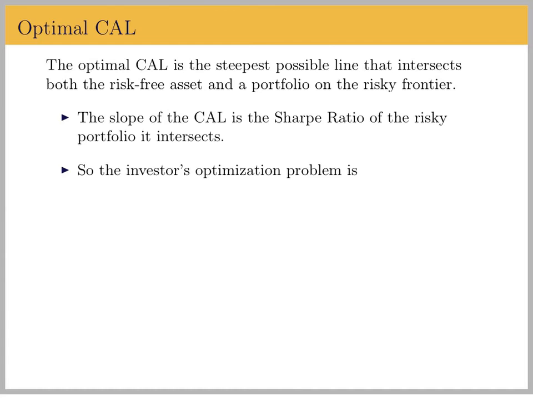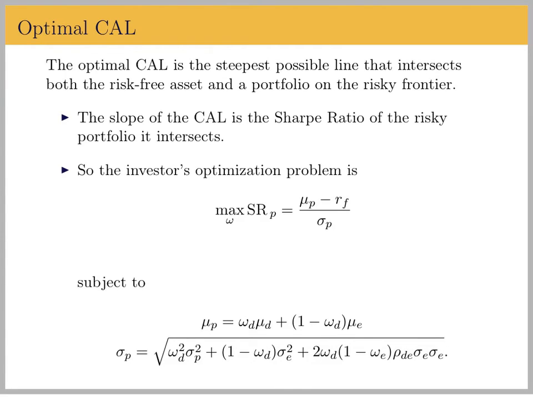So that means that the investor wants to solve this problem. Maximize the Sharpe ratio by choosing some value of omega. The Sharpe ratio being the expected return of the portfolio in excess of the risk-free, all over the standard deviation.